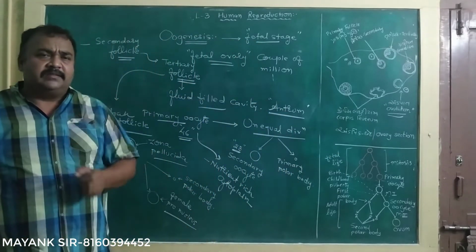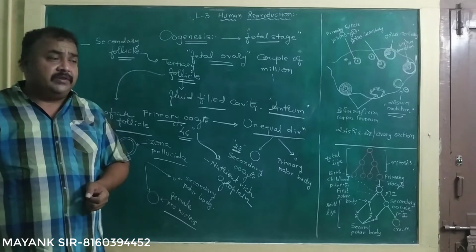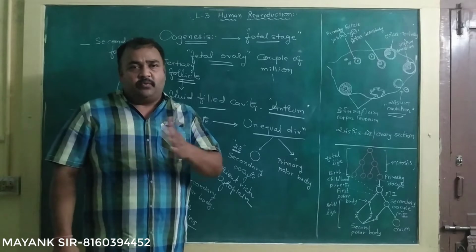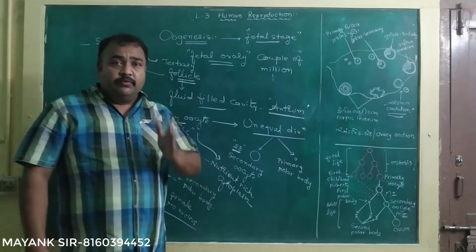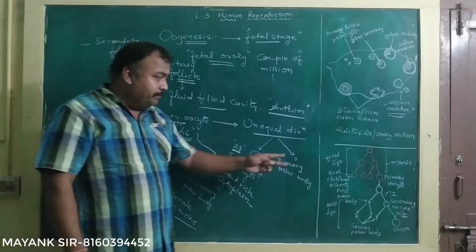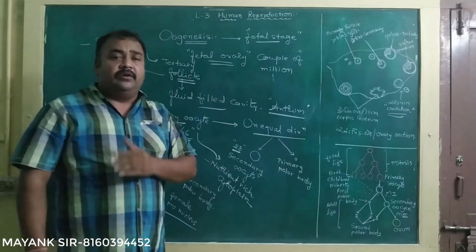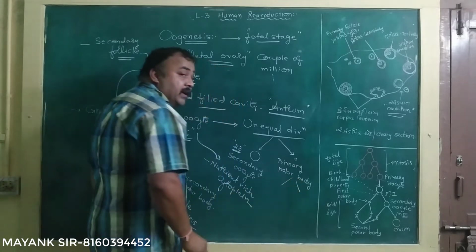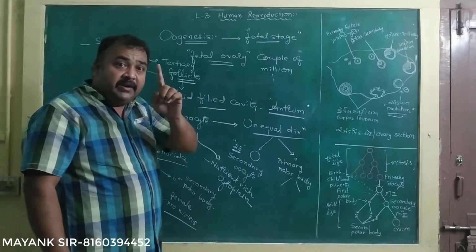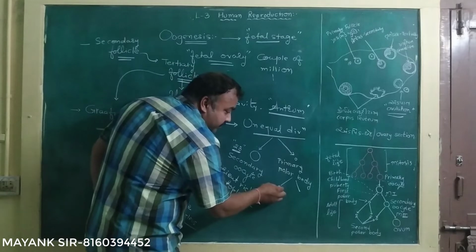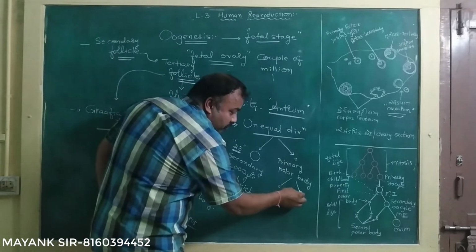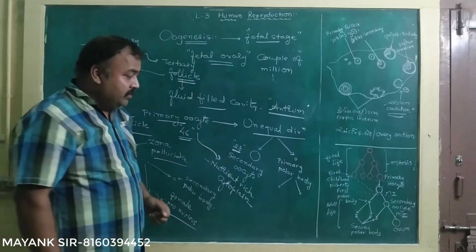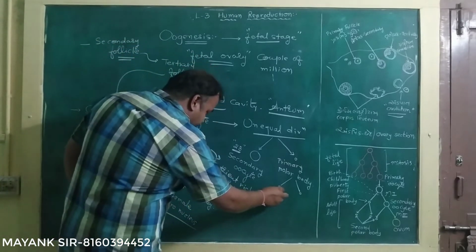Now some of us will ask a question: what happens to the primary polar body? Right now it is not quite known, but most scientists think that the primary polar body also undergoes the second meiotic division at the time of fertilization, and it again produces two small cells, which are called secondary polar bodies.